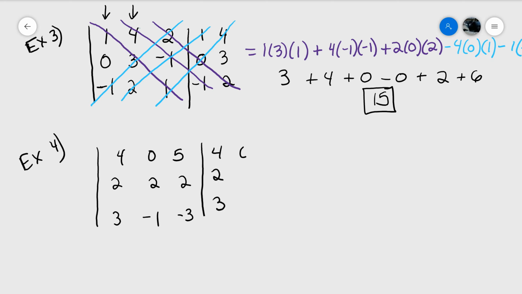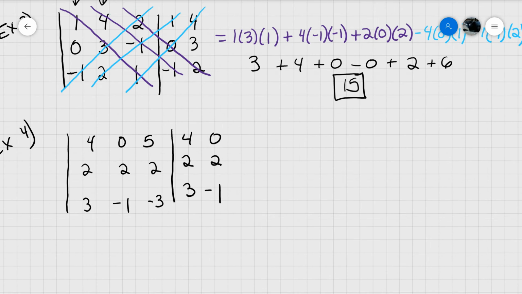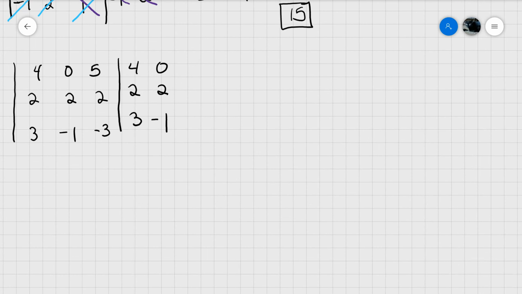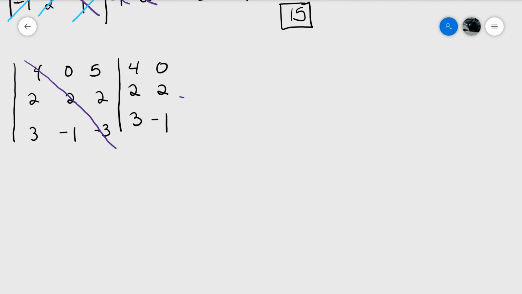So I'm going to copy down the first 2 columns and then multiply on the diagonal, starting in the upper left. And then I'm going to add. And again, add.